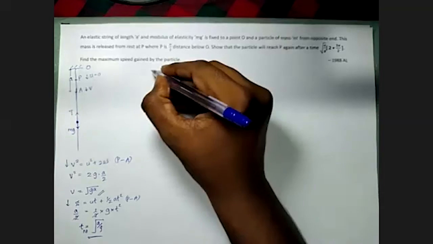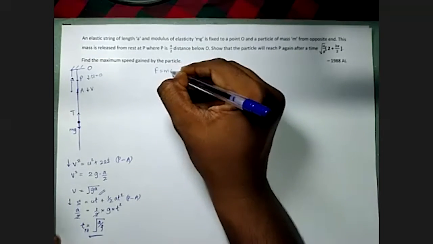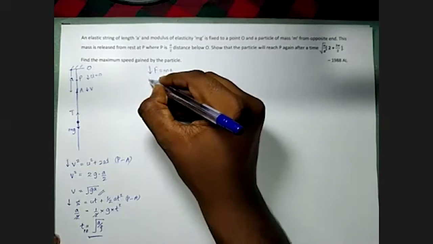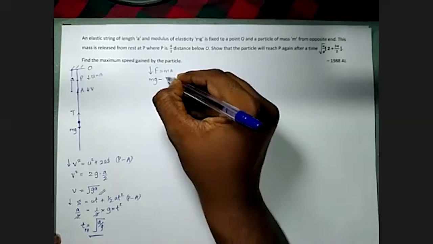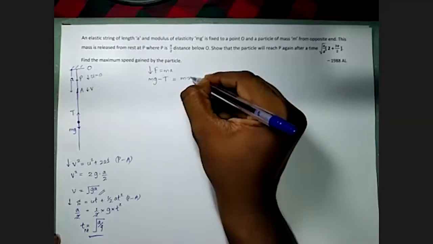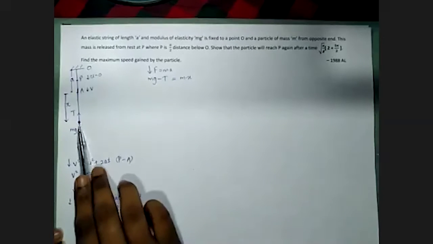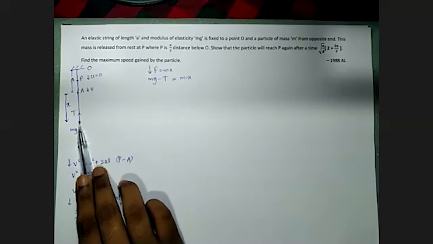Now I can apply F equals ma downwards. Then the force downwards is mg, upward force is tension. Extension, I could mark extension. I have to mark the extension from A to our general location where the mass is now.